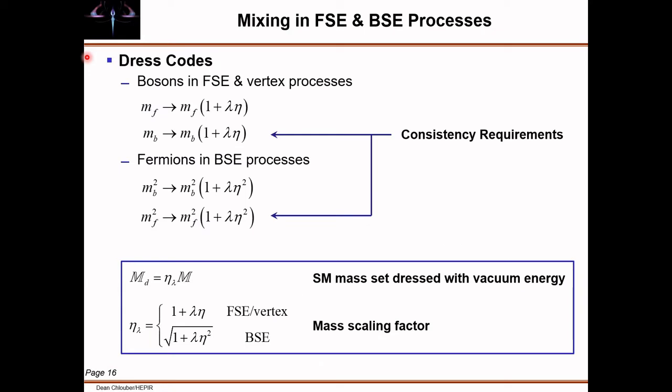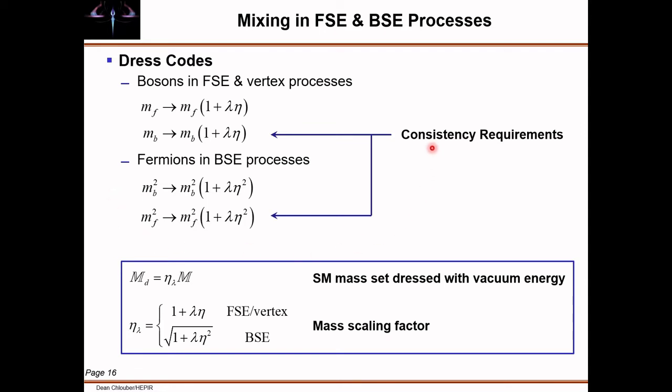Now let's consider mixing. For bosons in FSE and vertex processes, the bosons dress in the same manner as the fermions. Similarly, for fermions in BSE processes, the fermions dress in the same manner as the bosons.